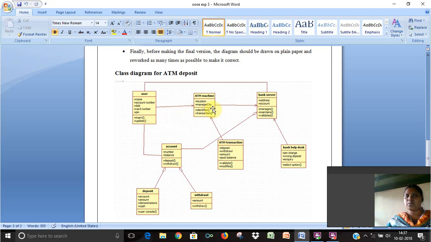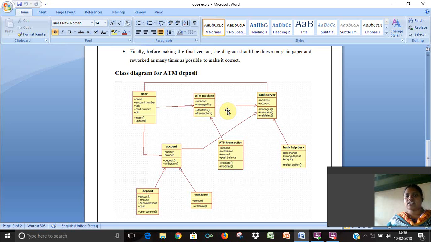Coming to the ATM machine, it should have a location, where it is located, and the things that are managed by the ATM machine. There are two methods: identifies and transaction. Identifies means it identifies the card when it is inserted, validating it, and even validating the PIN number.